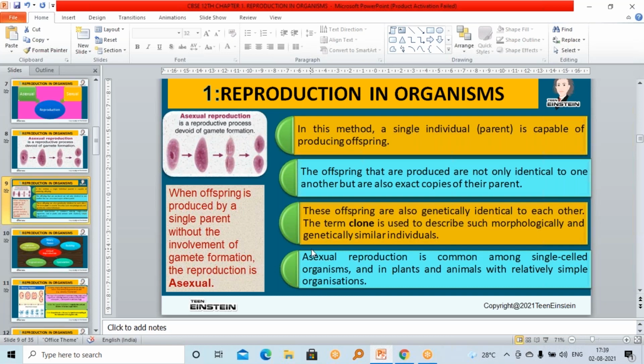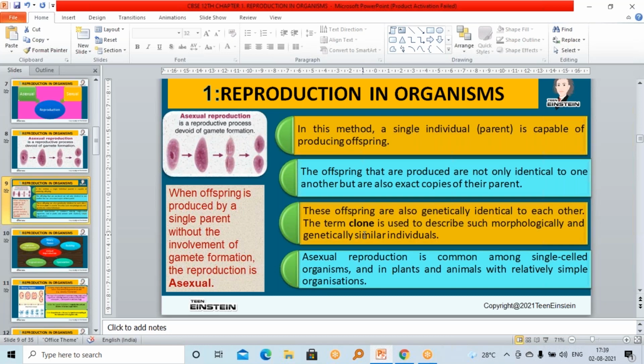There is no change or variation between these offsprings. And the offsprings are exact copies. There is no difference at all, and they are exact copies of the parent. From the parent cell, there is no difference to the offsprings. If there are 10 offsprings, all 10 will be similar.